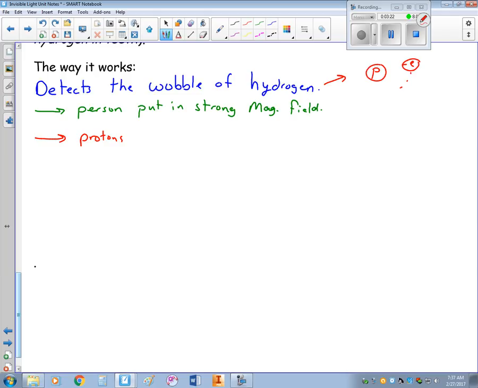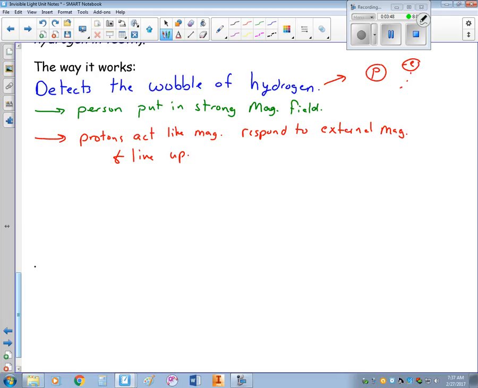So the protons act like magnets and respond to the external magnet, that big coil of wire, and it causes them to line up.